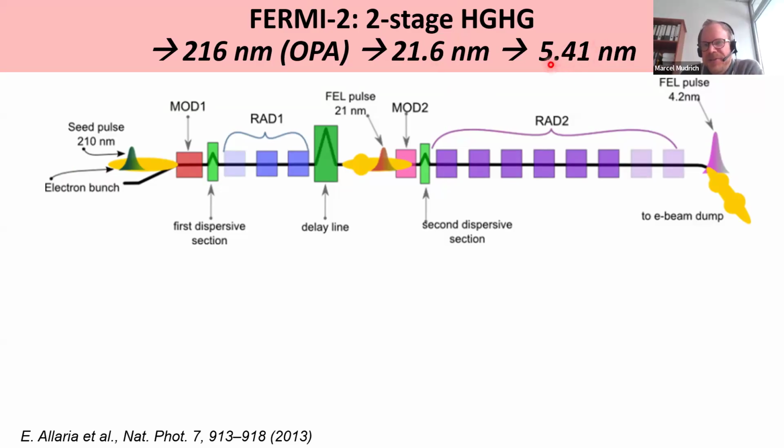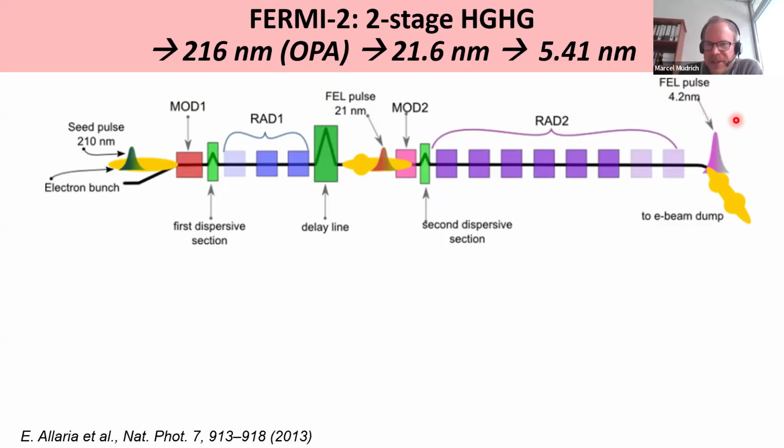So this is already soft X-ray in two steps, which is more efficient than if we would try to do this in one step, going from 216 to 5.4. This would be going to the 40th harmonic in one step. It would be very inefficient. It's much more efficient to go in this two-step process.